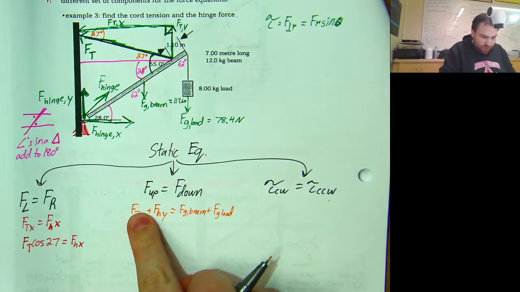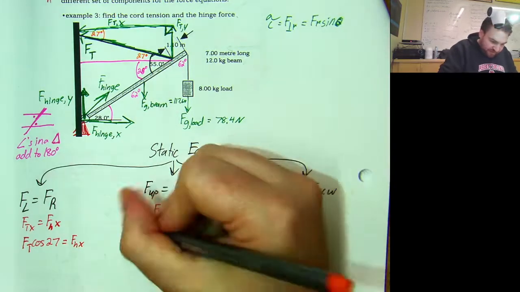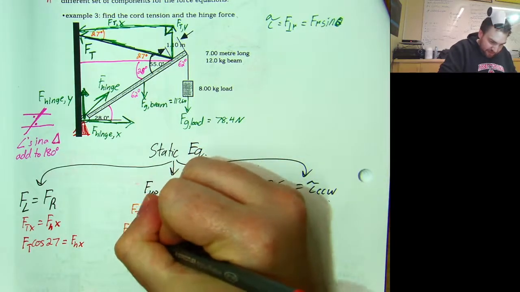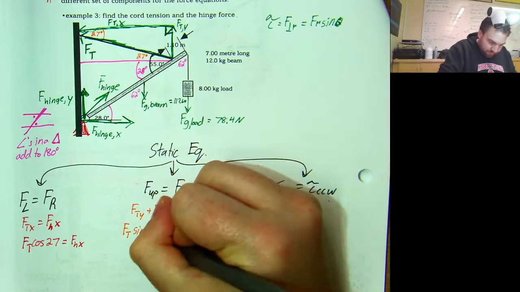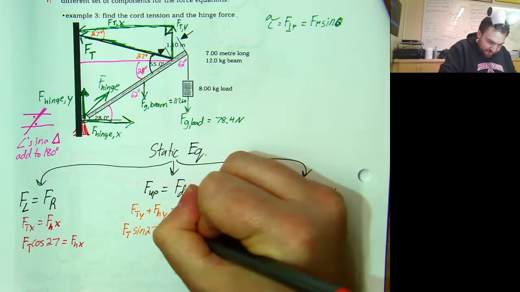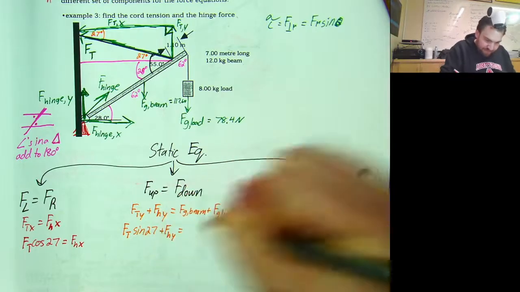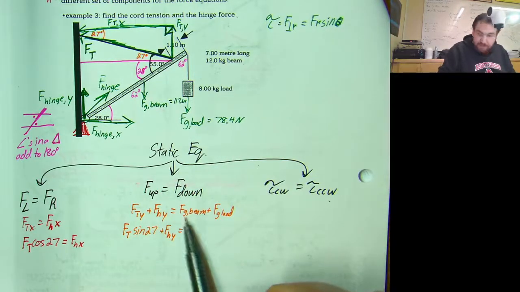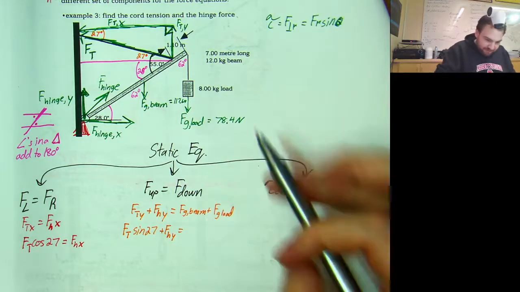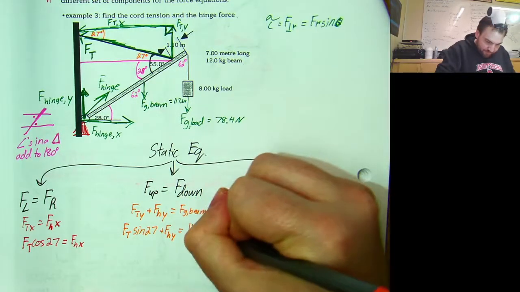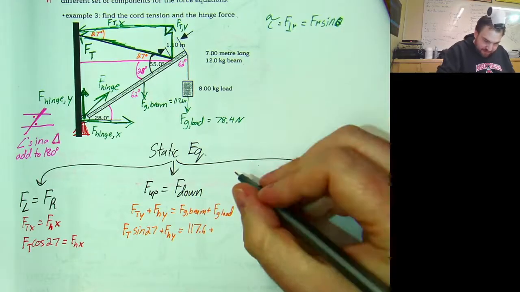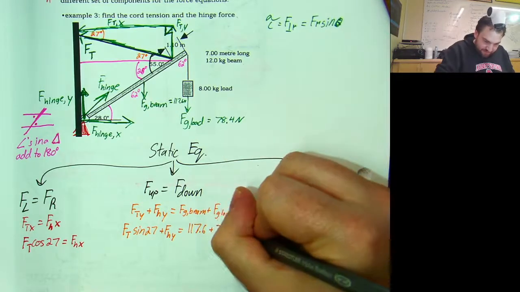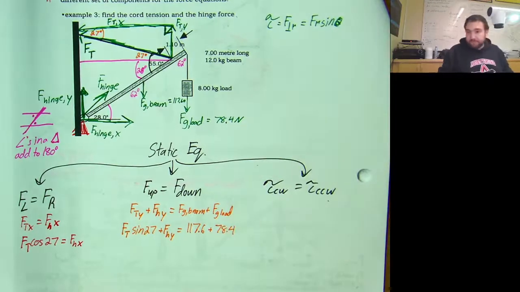Now force of tension Y, I can put an expression in there. That's going to be FT times sine 27 plus FHY. It's going to equal my beam plus my load. Now my beam is 117.6 plus my FG load is going to be 78.4.